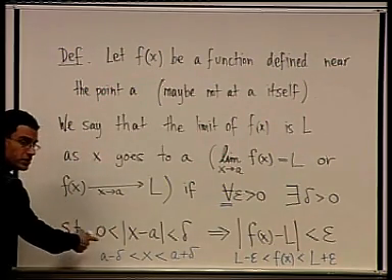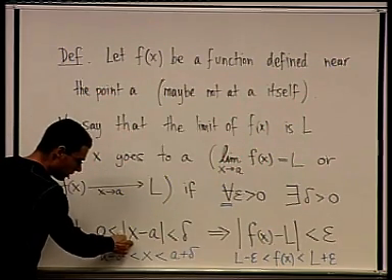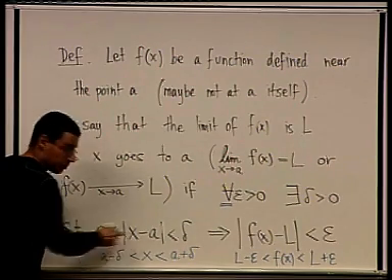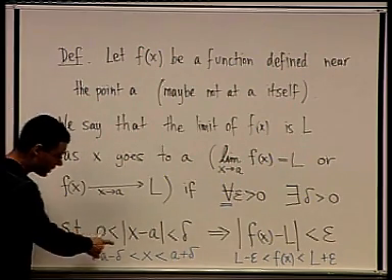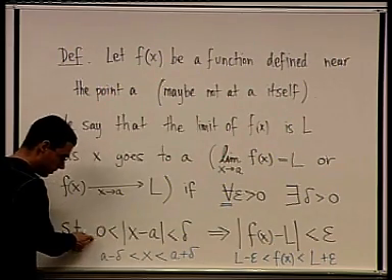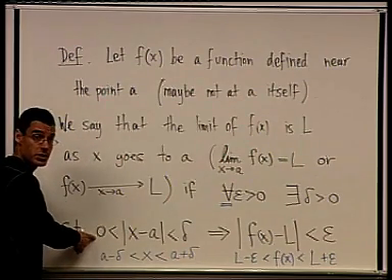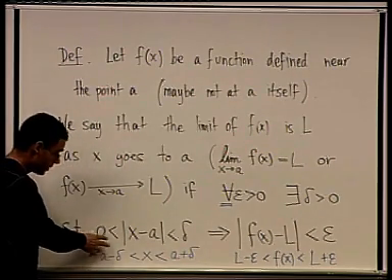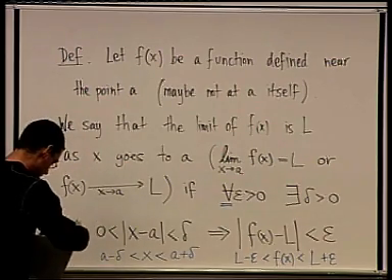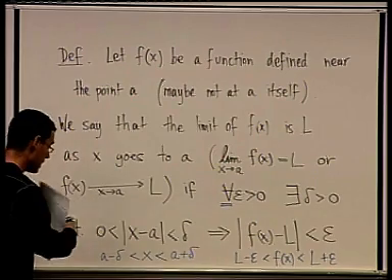This greater than 0 that I just added rules out the possibility of x itself being A. Because if x is A itself, then A minus A is 0. But we're only saying this for differences greater than 0. Okay? So this just rules out x being A itself because we don't care what happens at A itself.